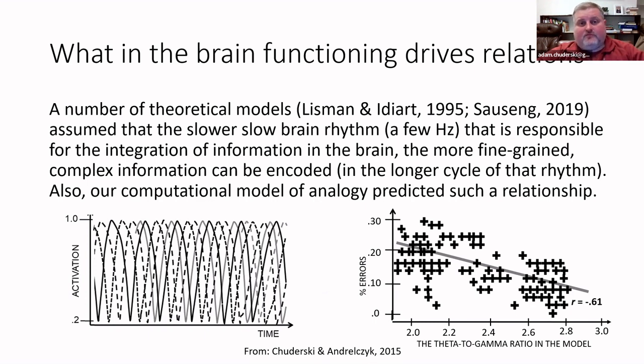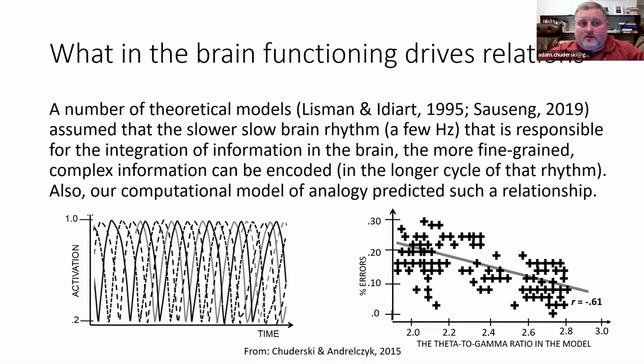Maybe I start with such a note. Of course, there are a multitude of neural brain correlates of relation processing, but we focused on one that we think is one of the most promising explanations, and this is the frequency of brain rhythms that probably carry out the relational processing.